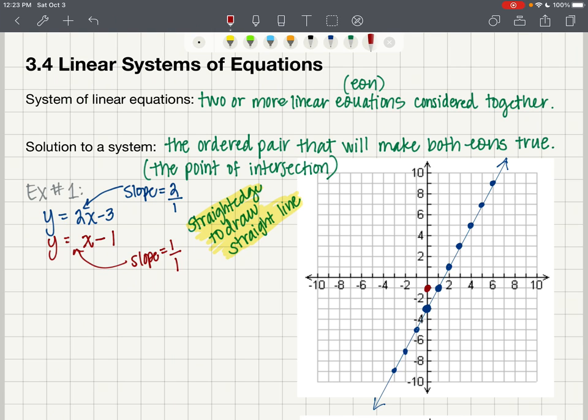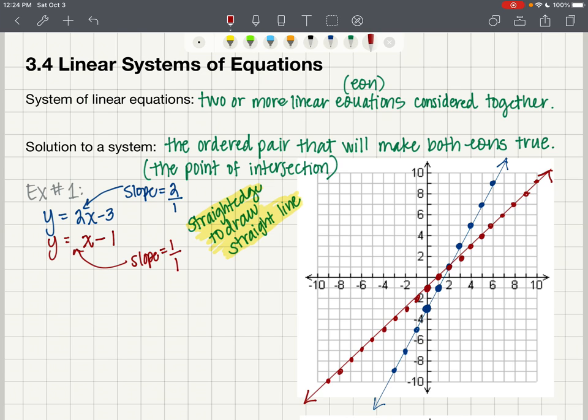From that y-intercept, we're going to go up 1, right 1, up 1, right 1, and I'm going to continue that all the way through the grid, down 1, left 1. So I'm going to try and get as many lattice points shown as possible. Going to use my straight edge to draw the straight line.